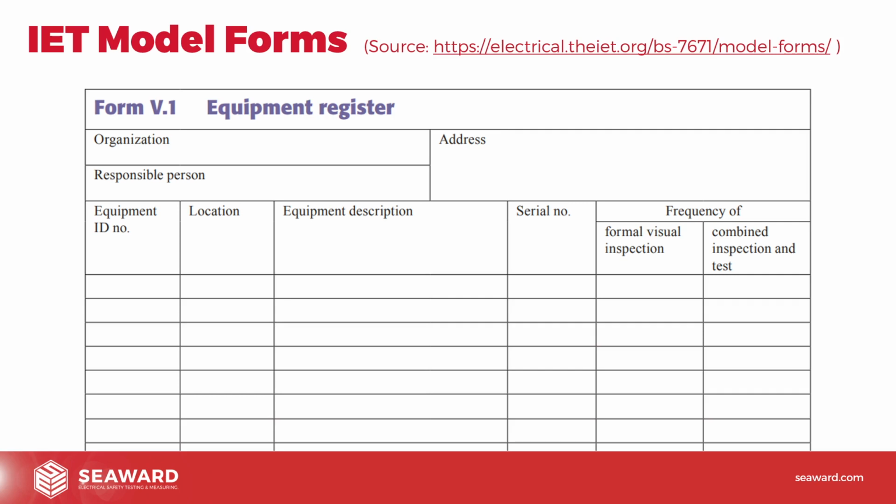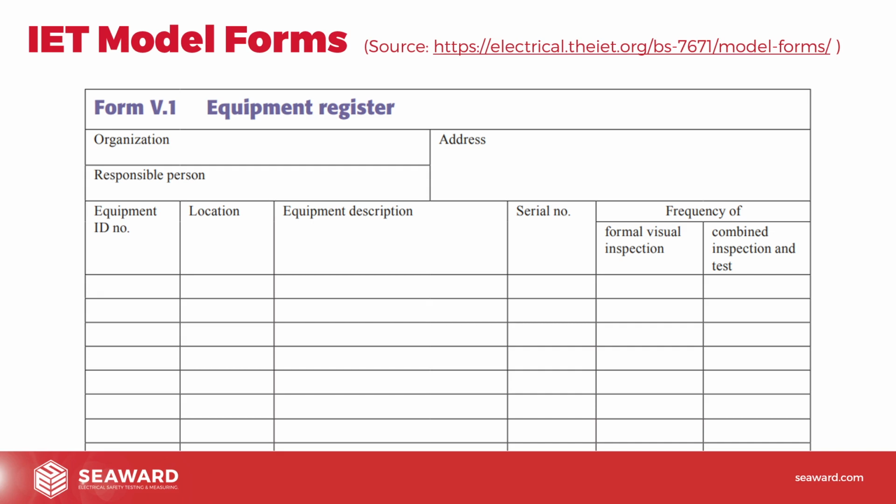So the first one we've got here, form V1, is what's known as the equipment register. We need to have a list somewhere of all of the items that require testing or require maintenance. So all electrical equipment, we need to enter it onto a register. So we've got details on here for the organisation, the address, the responsible person.